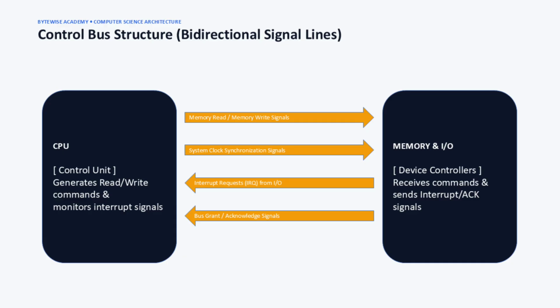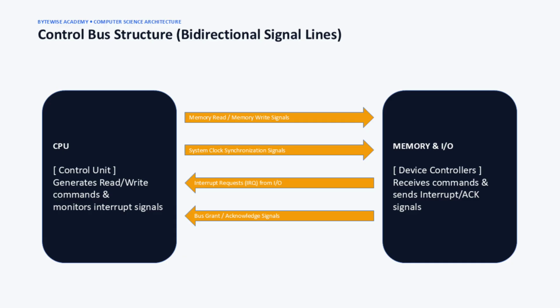When the CPU needs to perform an operation, the control unit sends the appropriate command onto the control bus. For example, if the CPU needs to retrieve information from memory, the control unit generates a read signal. If the CPU wants to store information, it generates a write signal. These command signals travel through the control bus to memory or an input-output device.